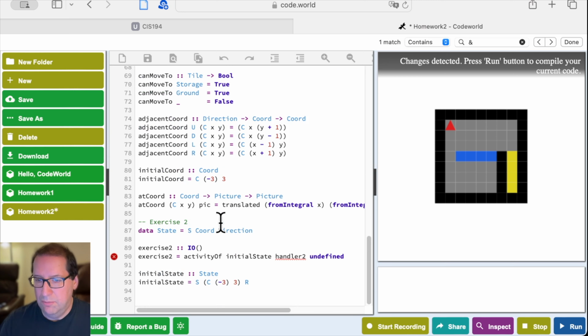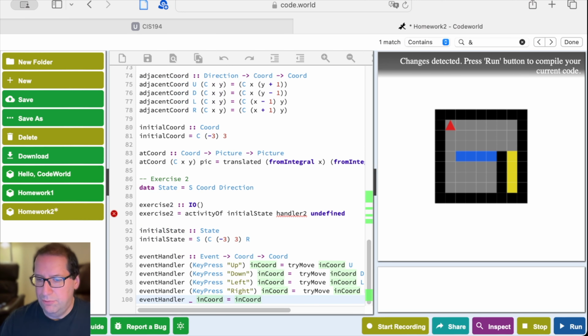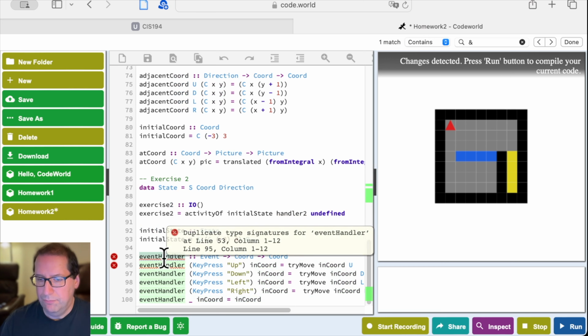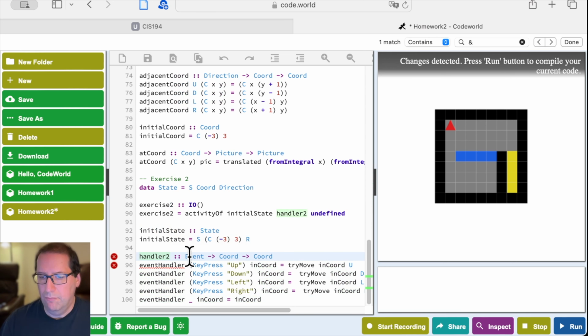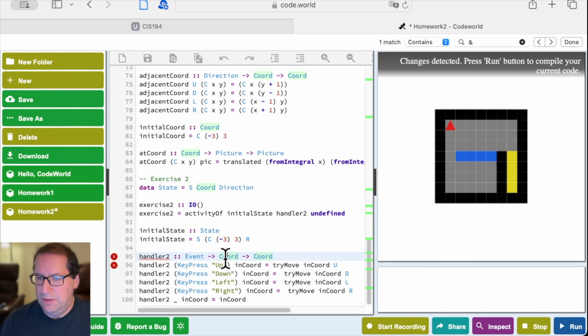Once again, I'm just going to copy our initial code since this is a fairly small change. And instead of going from chord to chord, it's going to go from state to state. This part is correct. This part is not.